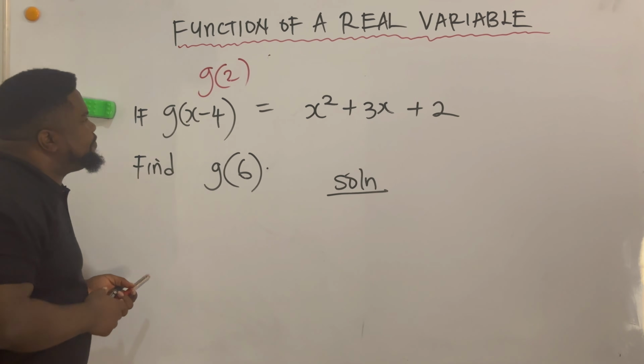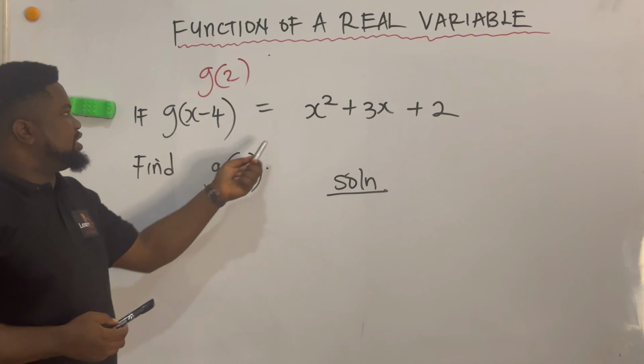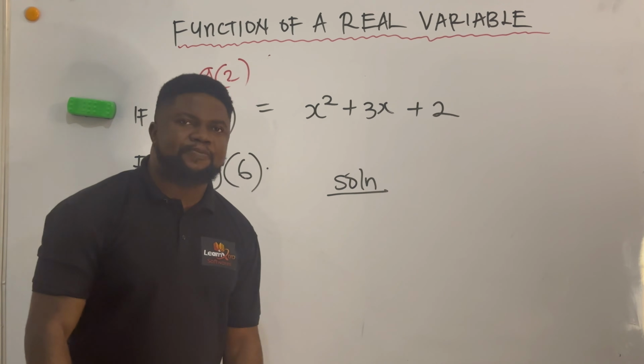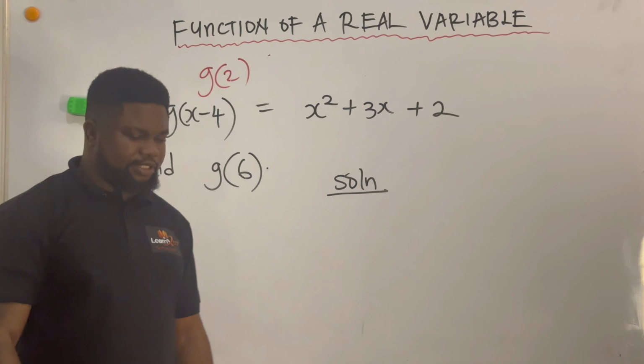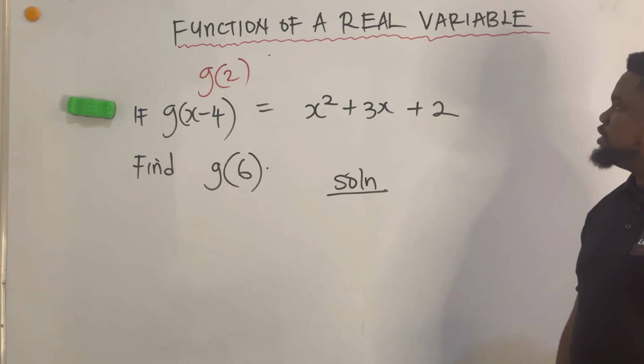Now, if you want to find g of 6, 6 cannot be the input. Observe carefully.